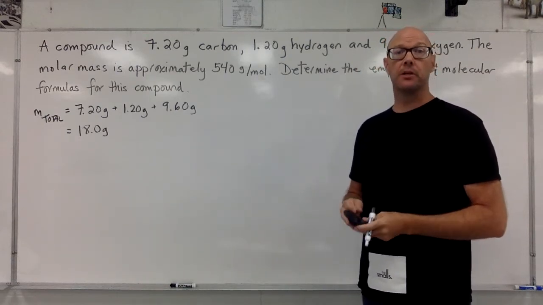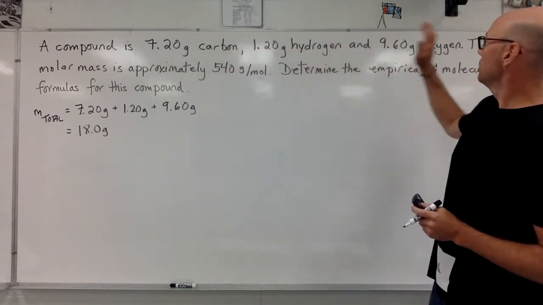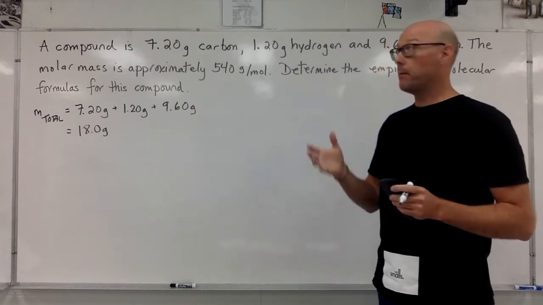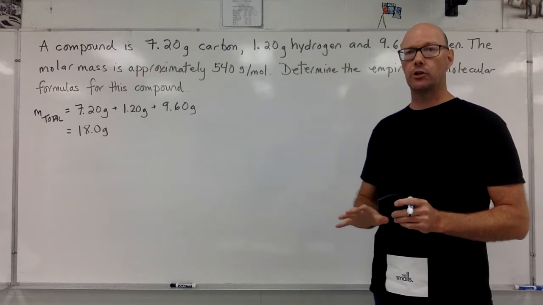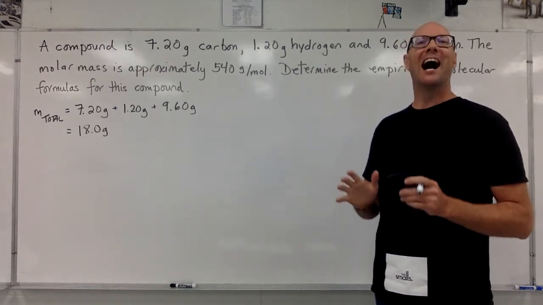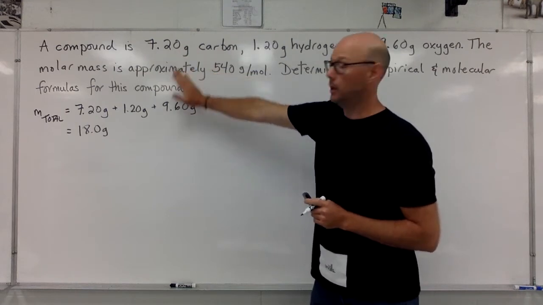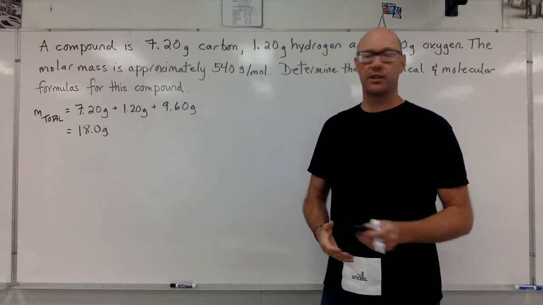The second step is for each element, carbon, hydrogen, oxygen, turn the mass into a percent. But don't multiply by 100, leave that percent as a decimal. Carbon was 7.2 out of 18. What percent is that? But leave it as a decimal.